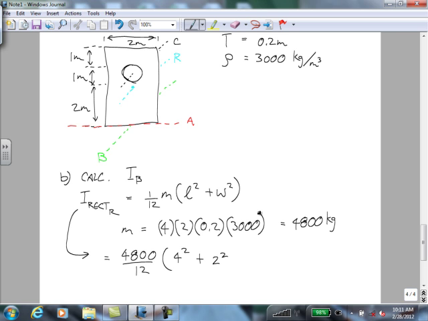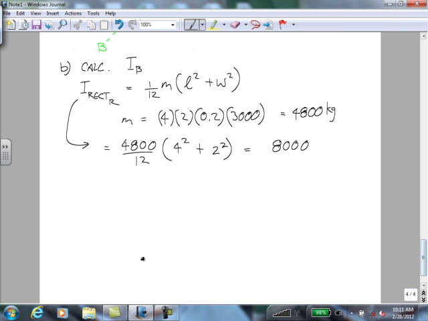Okay, so the moment of inertia is 4,800 divided by 12 times 4 squared plus 2 squared, and so you get, what's that, 400 times 20, 8,000.